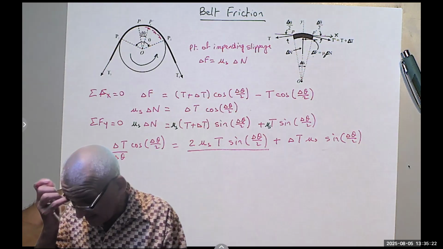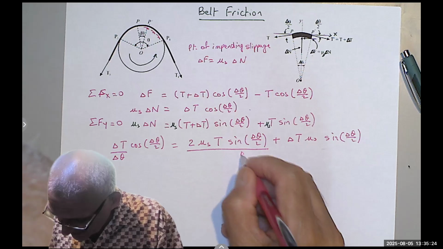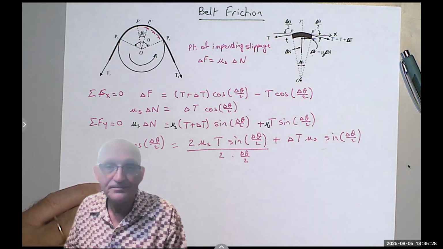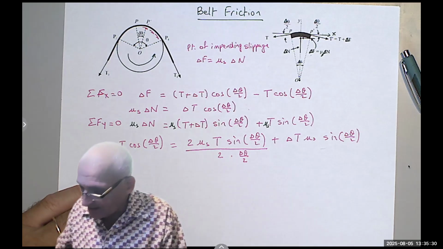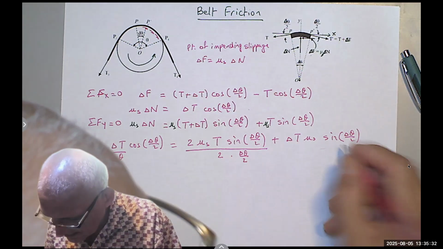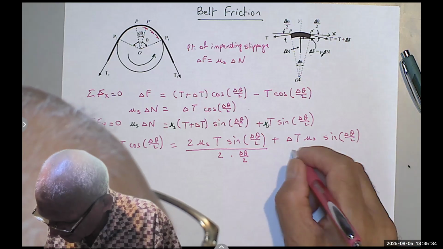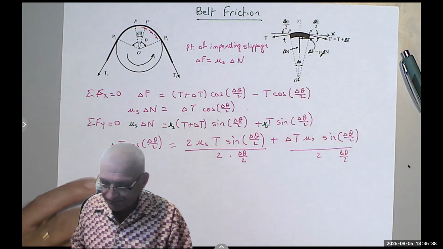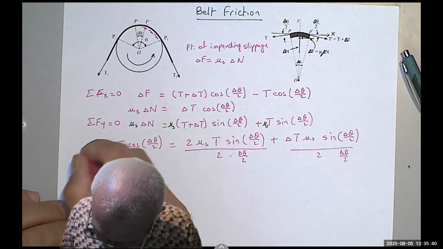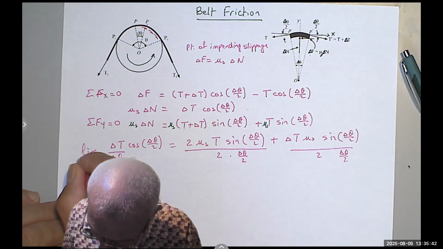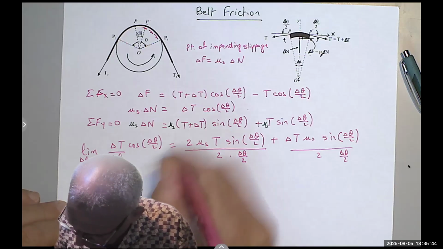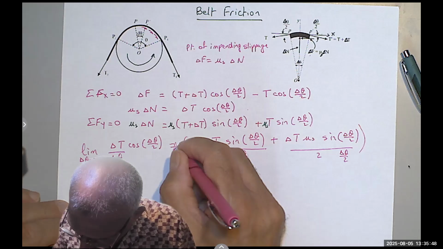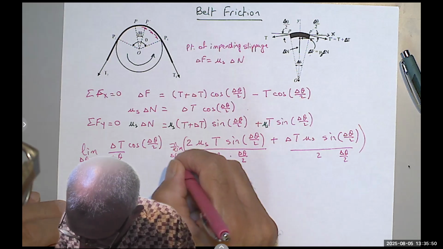I'm going to divide that by delta theta over 2 times 2, and I'm going to divide this, same thing, by delta theta over 2 times 2. Then I'm going to take the limit as delta theta approaches 0 for everything. Oh, I should have left enough space.